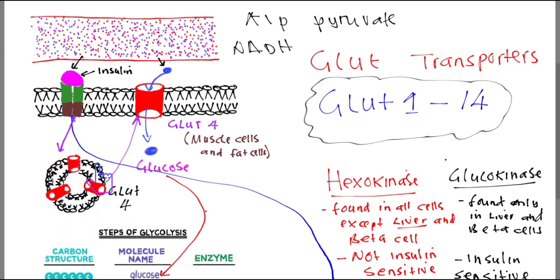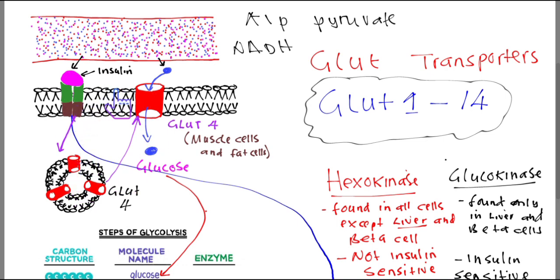When insulin comes, it binds the insulin receptors on the cell membrane, and then it tells the GLUT4 transporters to come and bind to the cell membrane. When they do, glucose is going to enter. So that is the role of insulin.